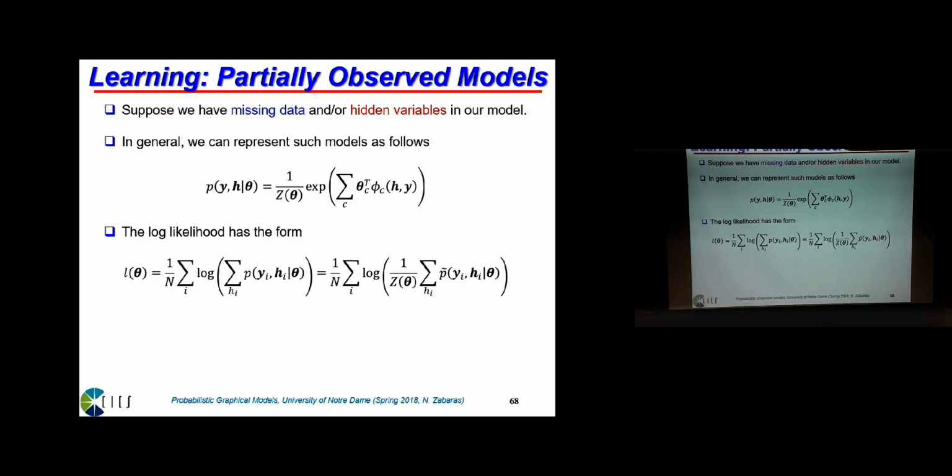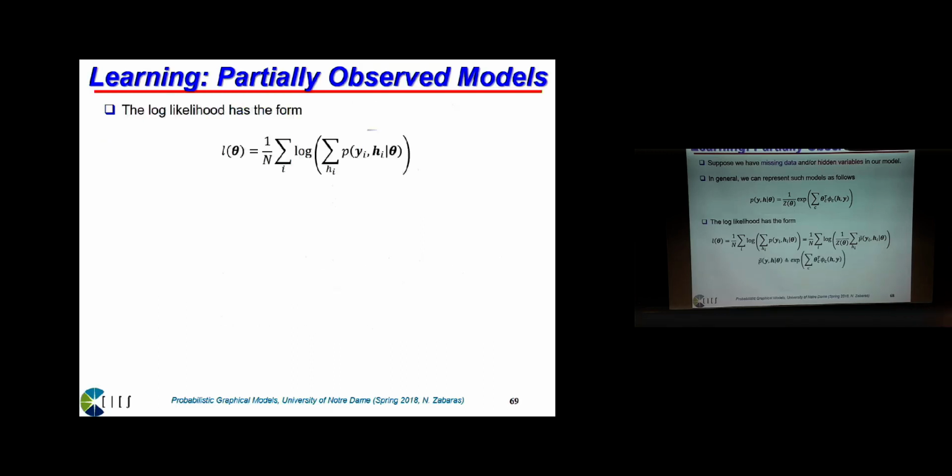And what comes out, when you do the calculations, is that this integration in H looks very similar, conceptually and mathematically, to computing the partition function where you integrate in Y. So these terms look like partition functions computed not by integrating over Y, but with Y fixed and integrating in H. But they are still like partition functions.